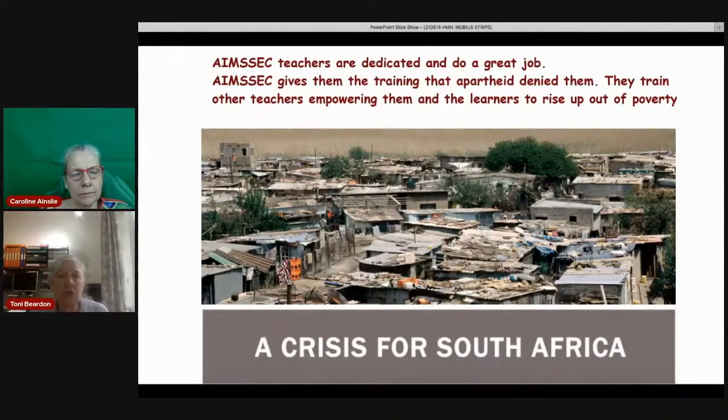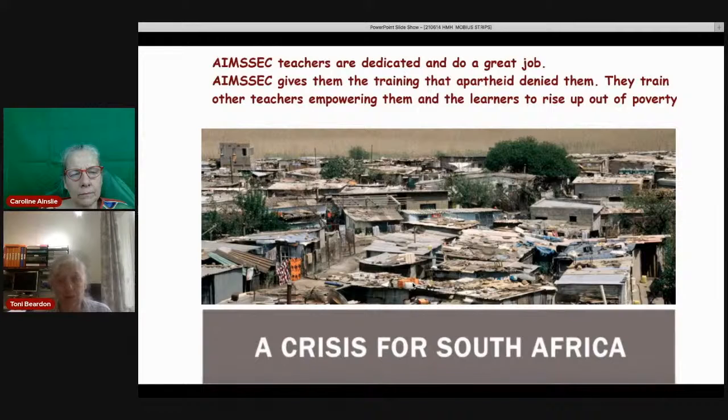So what we do is we try and give them the training that apartheid denied them. And they train other teachers. So AIMSEC trains some teachers and they, in their turn, train other teachers. And they empower them and the learners to rise up out of poverty. At least that is our ambition and our hope.